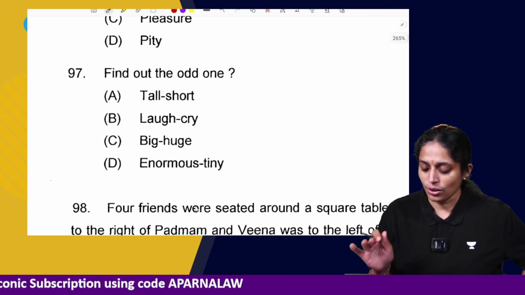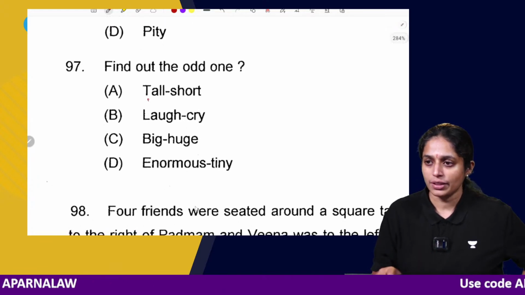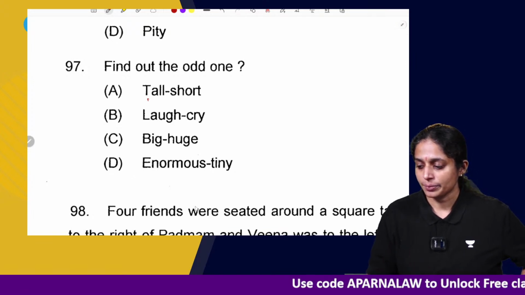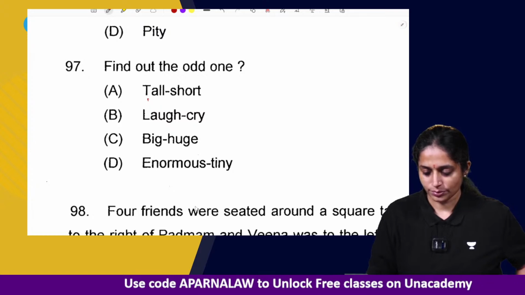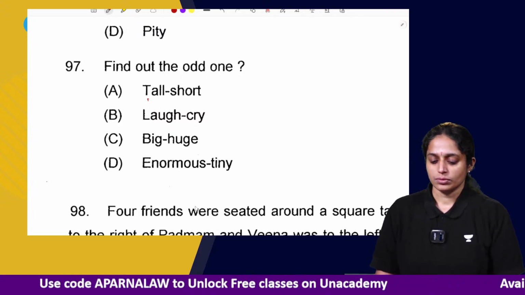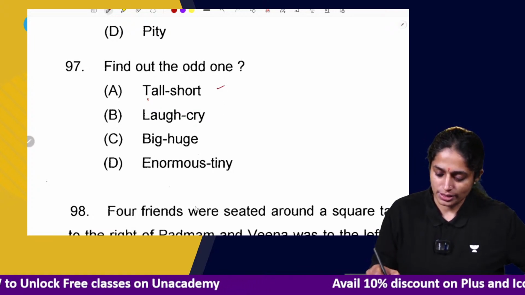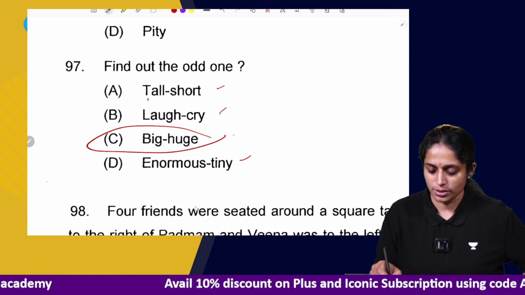97th, find out the odd one. A. tall, short, B. laugh, cry, C. big, huge, D. enormous, tiny. All these are opposites. This is the same meaning, big, huge. Synonyms.